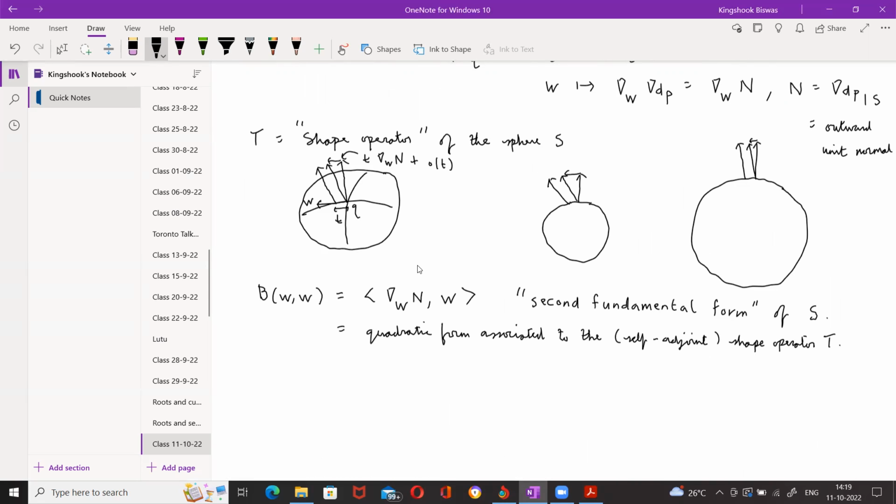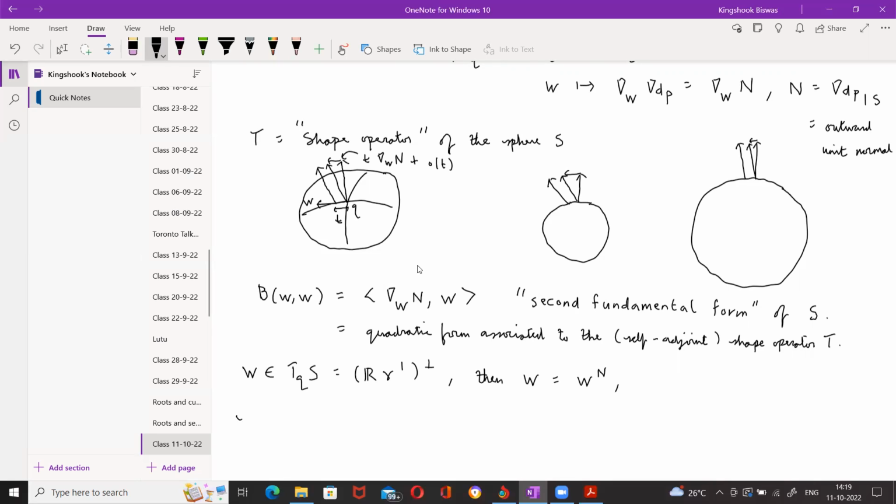And so, in the Hessian comparison, if W belongs to T_Q S, which is the orthogonal complement of gamma prime, then W is equal to its normal component.